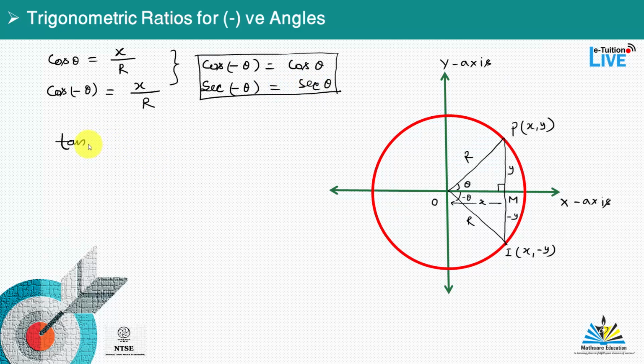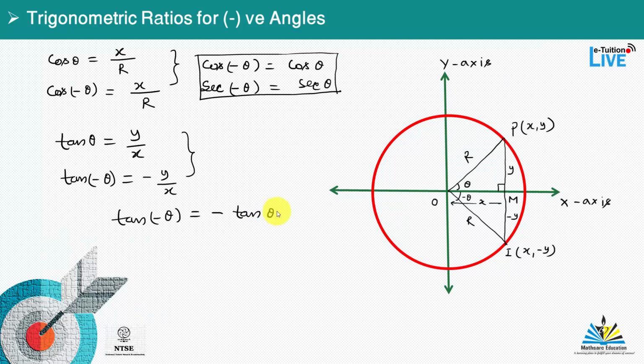Then we have tan theta as y upon x. In the same way, in triangle OMI, tan of minus theta is equal to minus y upon x. So from these two, you can observe tan of minus theta is equal to minus tan theta.